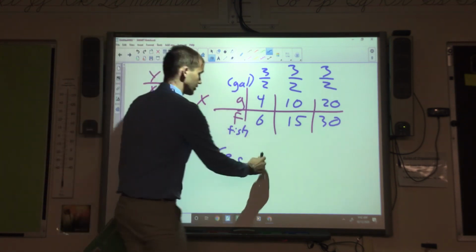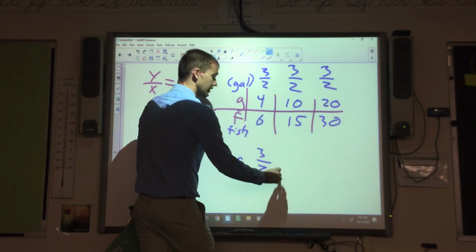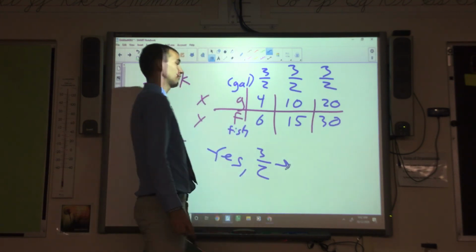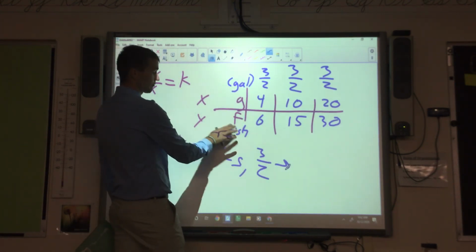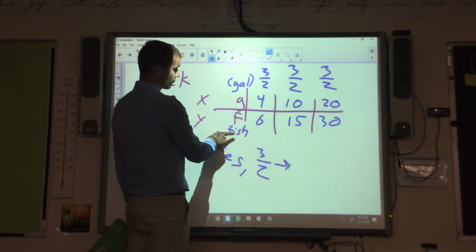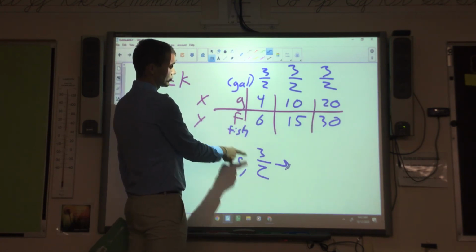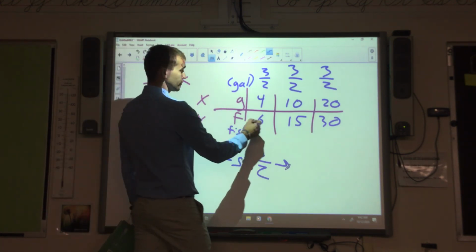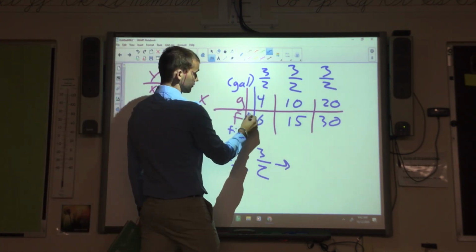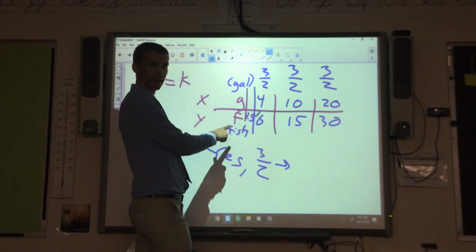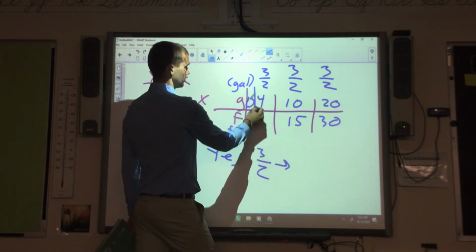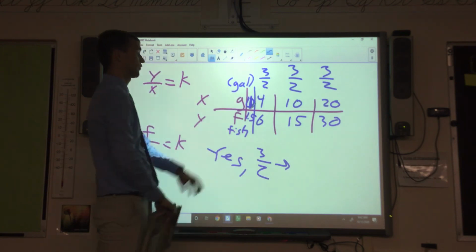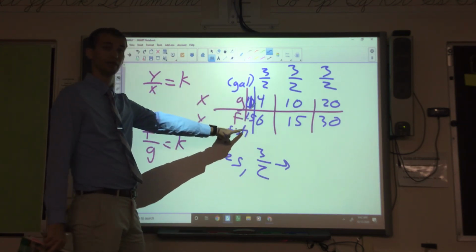Yeah, 3 over 2 is the constant of proportionality, and it represents that for every 1.5 fish, you have 1 gallon of water. 1.5 is a decimal, right? And this would be 1. So for every 1 gallon, you have 1.5 fish.